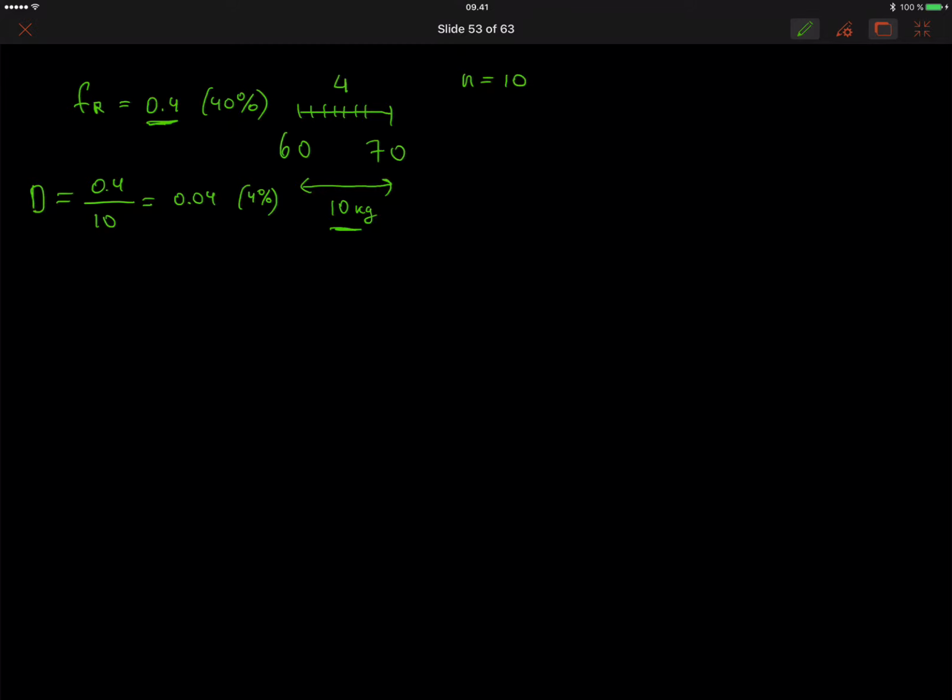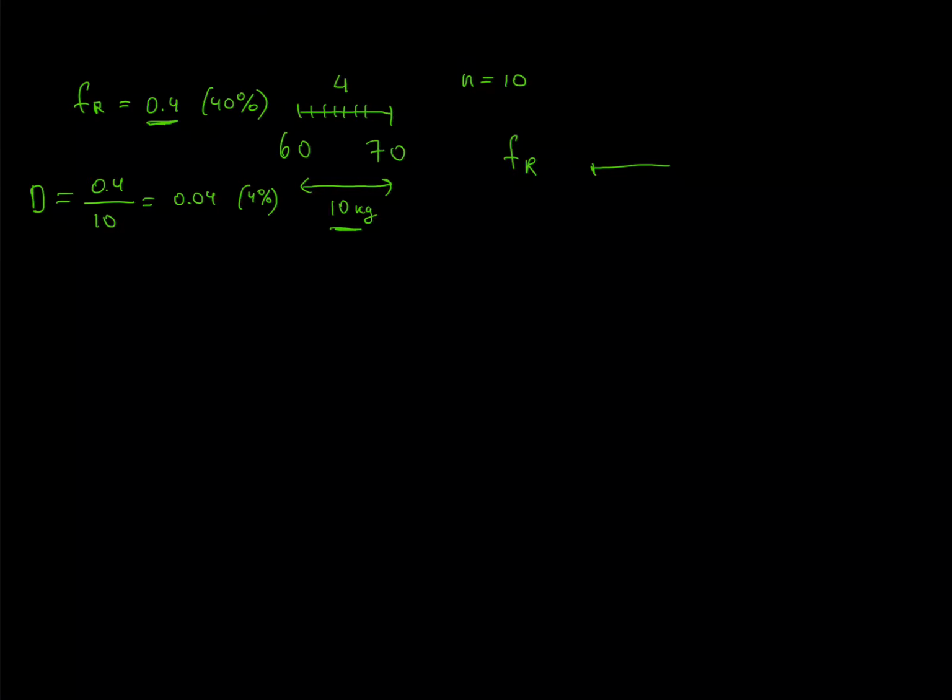Okay, so. And if we make a distribution histogram using densities, we just use a density value for the height of bar. For example, in this case, if we use relative frequency for the relative frequency distribution, this will be the bar 60 and 70, and then this is the bar, and the height of the bar that corresponds to the relative frequency is 0.4.